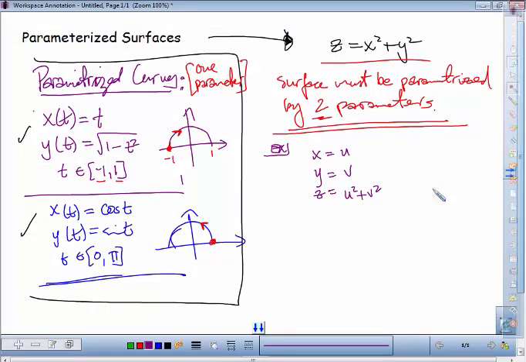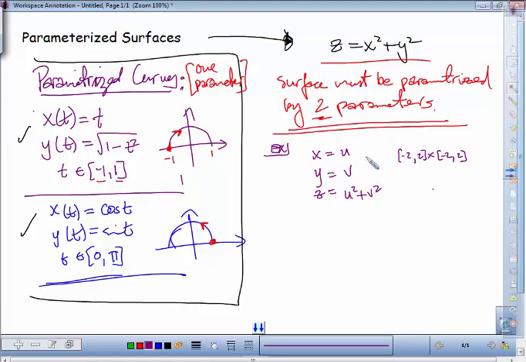Okay, so let's see if we can recap what happened here and try to draw our paraboloid. We said that our x and y, or u and v, go from -2 to 2. Provided that we know that u is the first variable and v is the next variable, if we just set this like this, it would make sense.